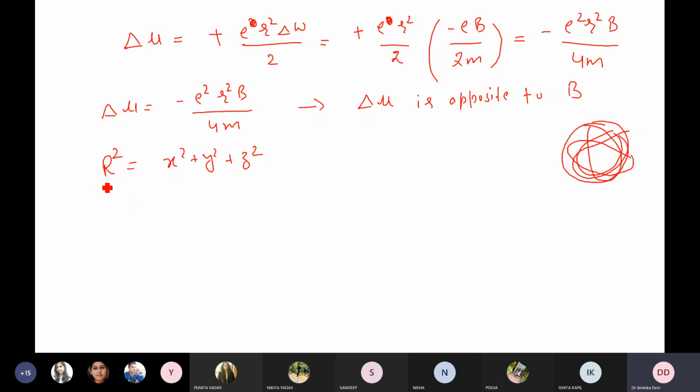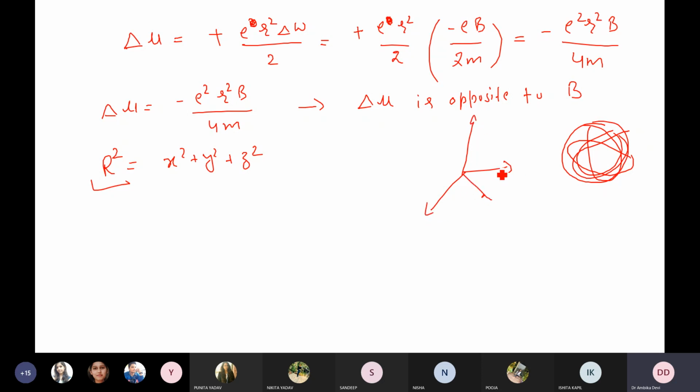This is in general. The orbitals are lying in different directions. Suppose we are talking about this point, this is r.